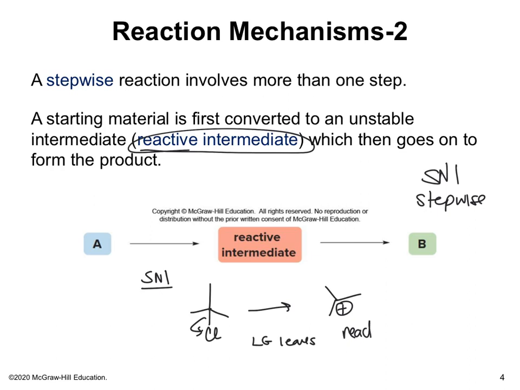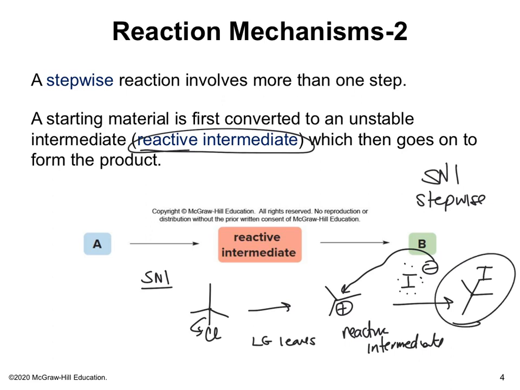This is a reactive intermediate. And then we could have iodide. Iodide comes in and adds, and that's how you get a substitution. So you make something different from the starting material, but you get this reactive intermediate.